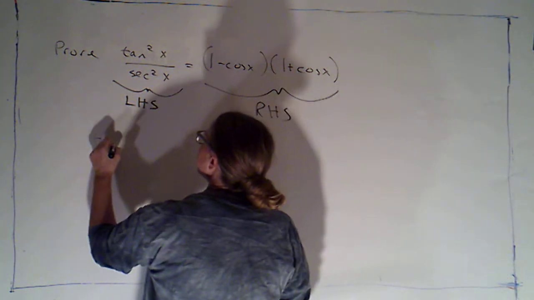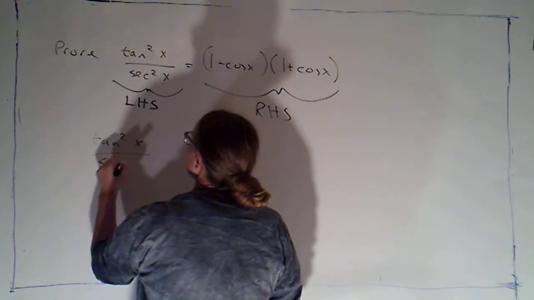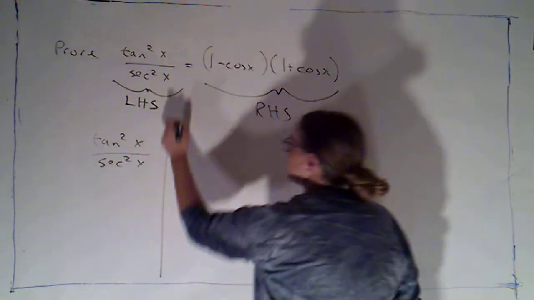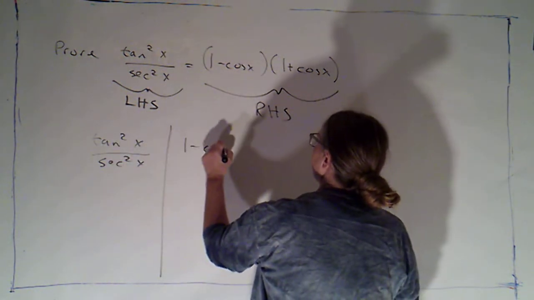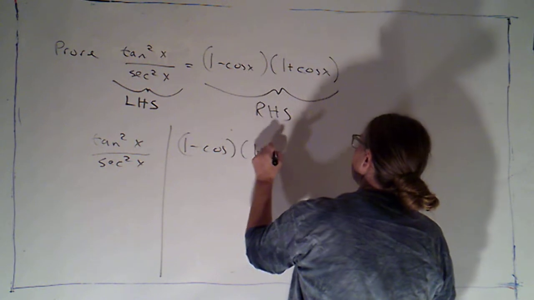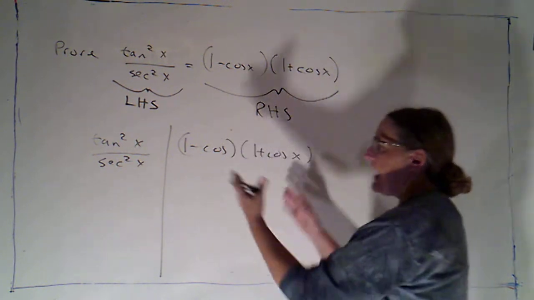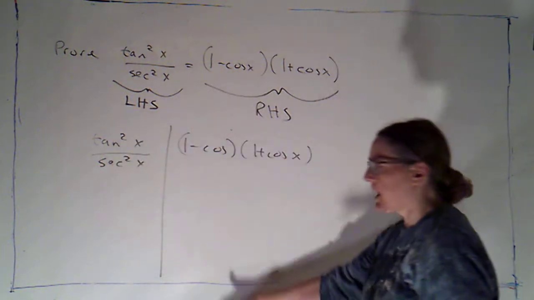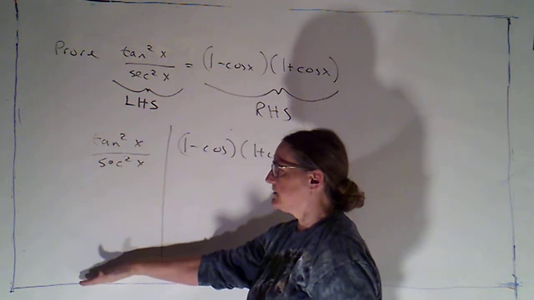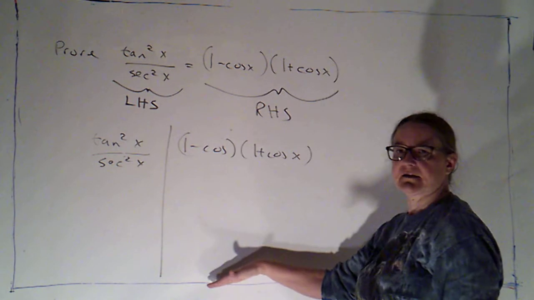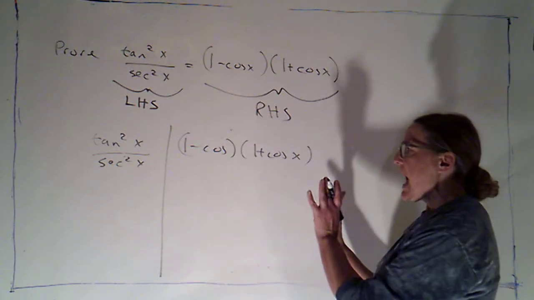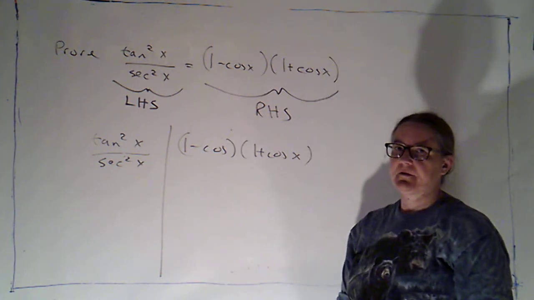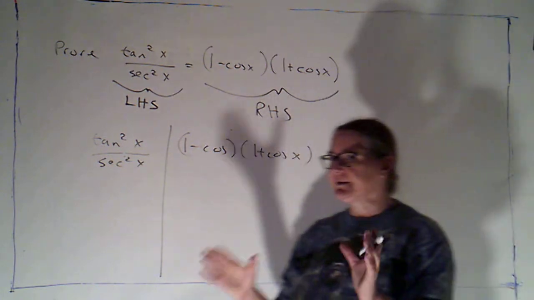Some people will say, let's just do this. Let's put a bar here and write the 1 minus cosine x, 1 plus cosine x. And they're essentially doing the 3-paragraph method, but they're doing it as the 2-column method. So they're simplifying the left side over here and the right side over here. Okay. I don't want them right next to each other like that. I want it to be clearly separated.